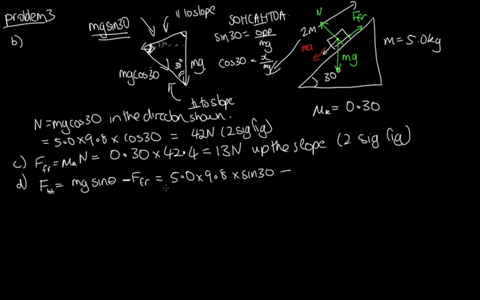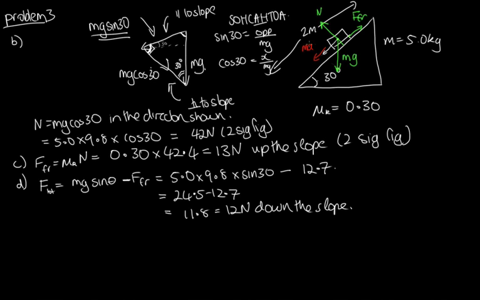And minus the frictional force, which is the 13 newtons, which is 12.7, just to 3 significant figures. We'll get it back to 2 at the end of this part of the question. So this is equal to 24.5 minus 12.7, which gives us 11.8, which is equal to 12 newtons down the slope. So that's equal to that ma there.